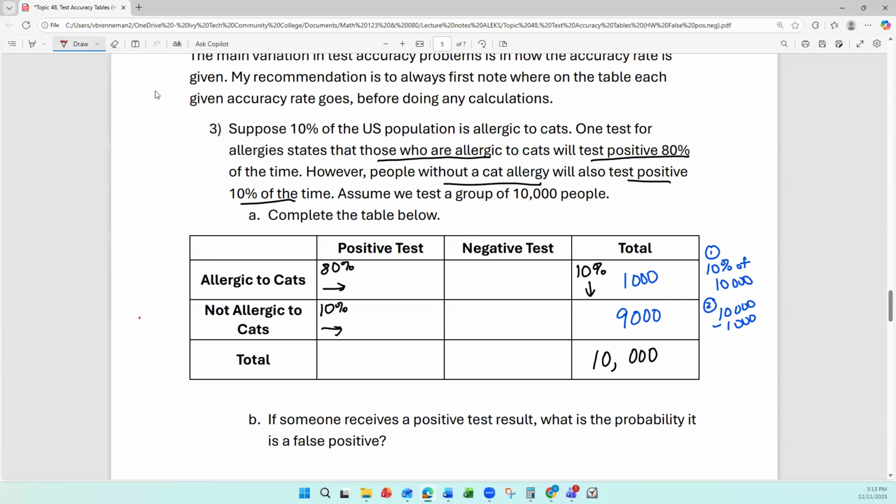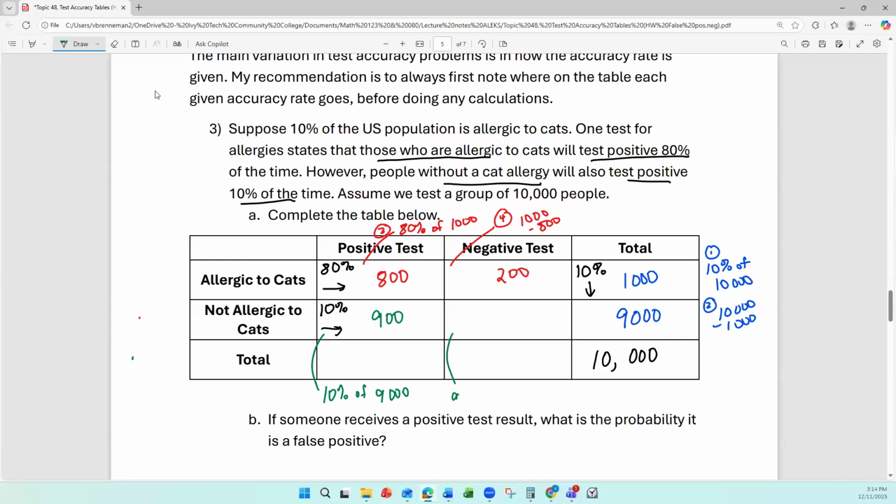Then of those who are allergic, 80% of those 1,000 get a correct positive test. And that leaves the rest of the 1,000, 200 people, getting an incorrect negative test. For those that are not allergic, 10% of those 9,000 get an incorrect positive test. 10% of 9,000 is 900.